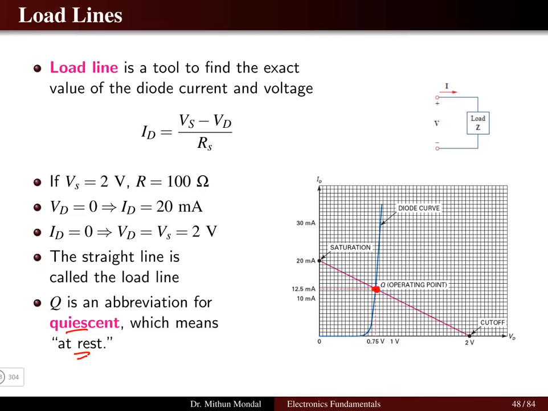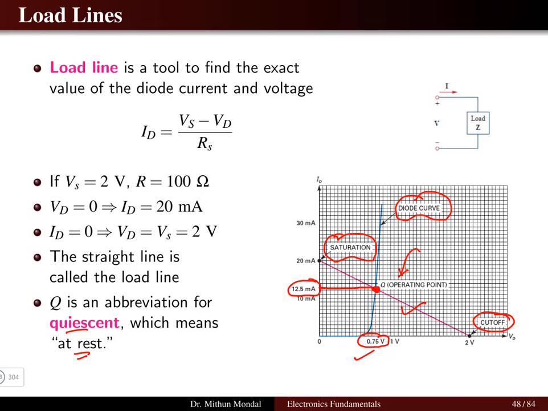So the straight line obtained by joining the cutoff point and the saturation point, when it intersects the actual diode curve, gives the operating point, and the corresponding current, 12.5 milliampere in this case, and 0.75 volt in this case, are the operating current and the operating voltage.